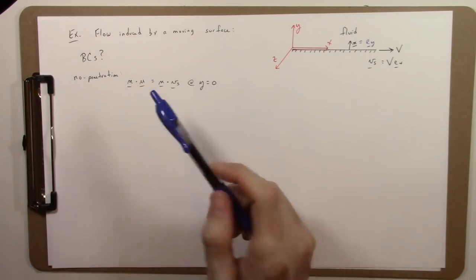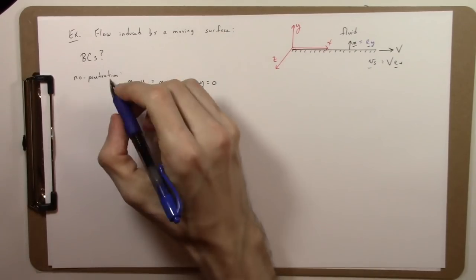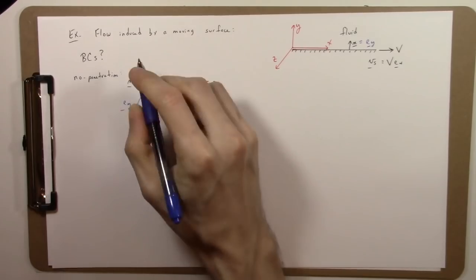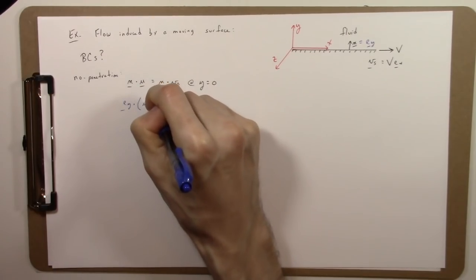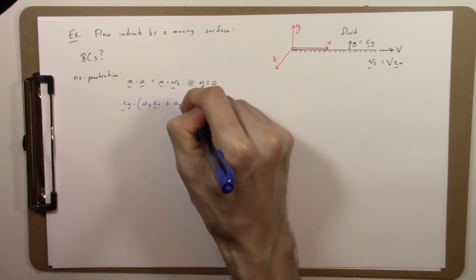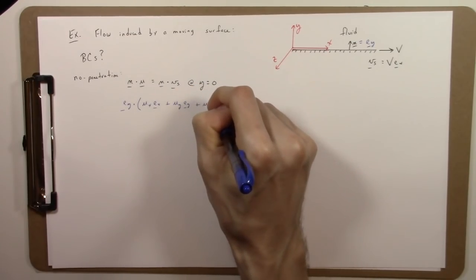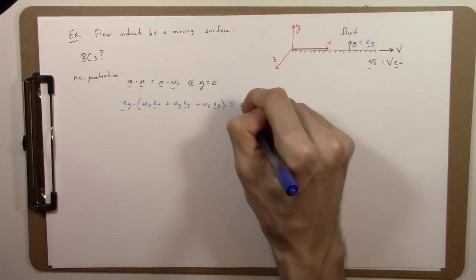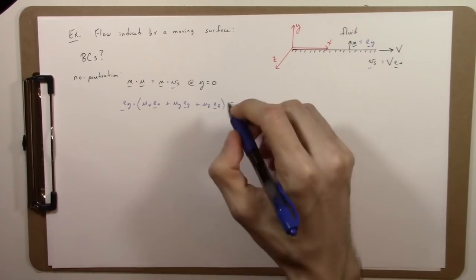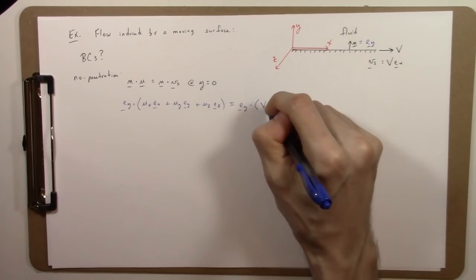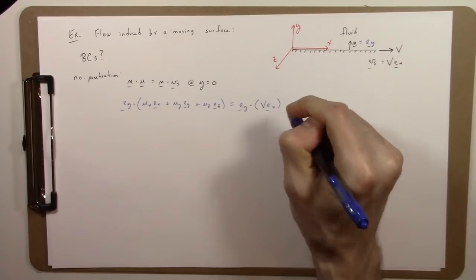So when we write this out, we get EY dotted with UX EX plus UY EY plus UZ EZ is equal to EY dotted with the velocity of the surface Vs, which is capital V times Ex.